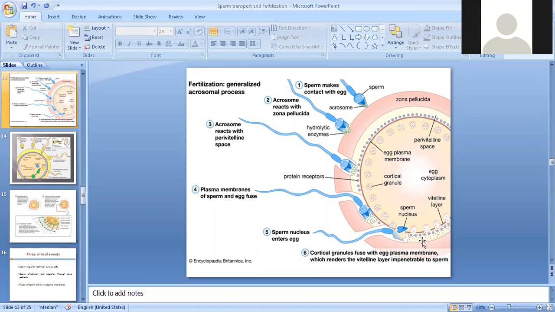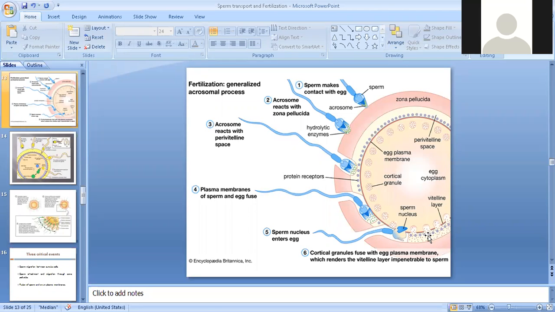So when even just one sperm cell comes in contact with this vitelline membrane, there is formation of this impenetrable plug around the whole of the zona pellucida, which prevents entry of more sperms into the ovum. So this process ensures that there is just one sperm that can enter the ovum.